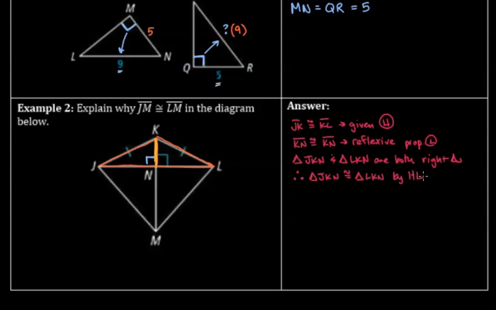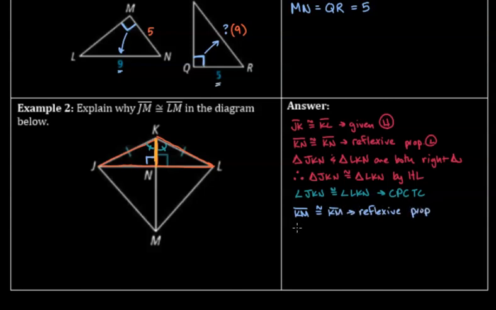therefore triangle JKN is congruent to triangle LKN by HL. Now, if that's true, then angle JKN is congruent to angle LKN because of CPCTC. The corresponding parts of congruent triangles are congruent. Then I'm going to say segment KM is congruent to itself by the reflexive property.